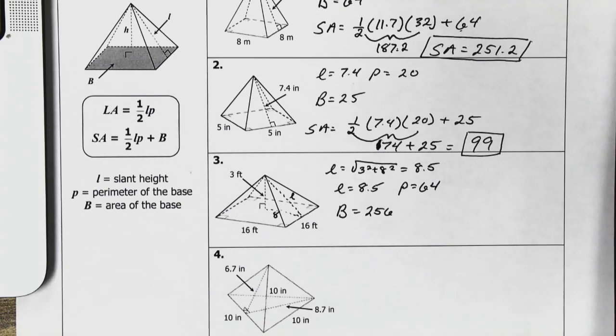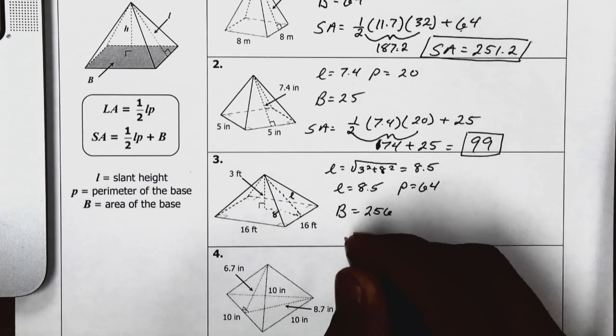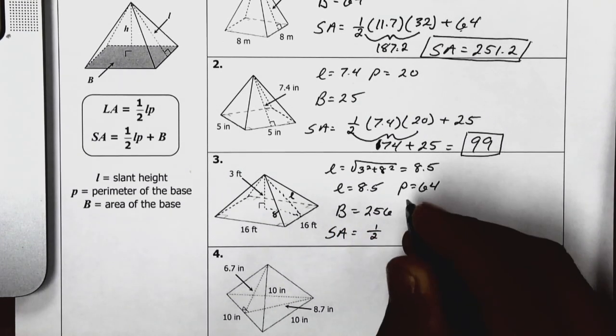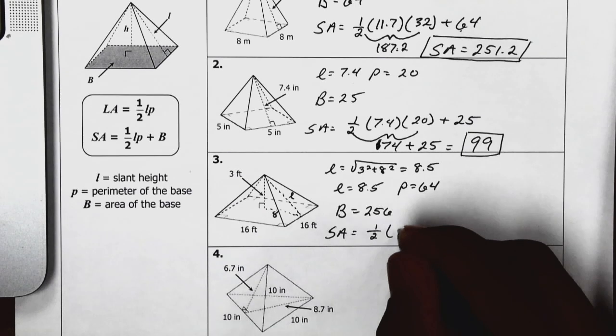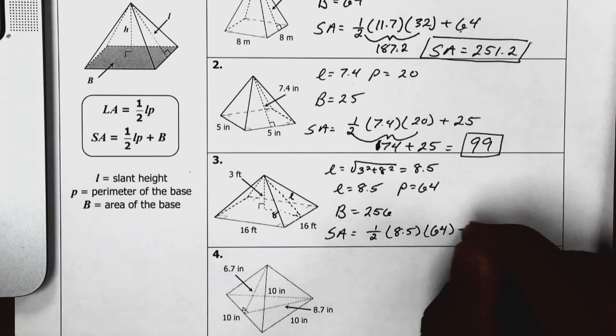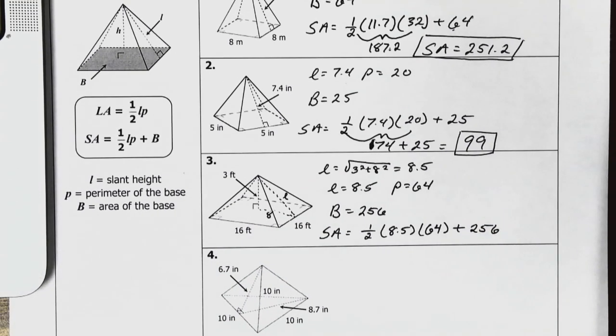All right. So the formula is 1/2 times L, which is that 8.5 we got using Pythagorean theorem, times the perimeter, which is the 64, plus the big base, which is 256.